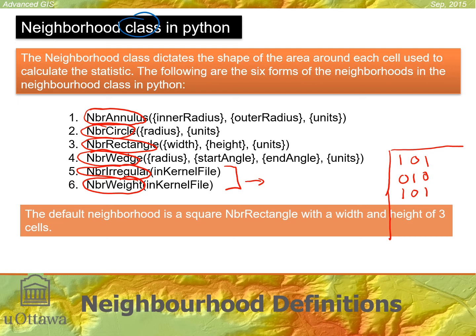There are certain combinations of these things that have well-known properties, like edge detectors and stuff like that. So if you need to do a certain type of convolution to your image or raster, you can specify a custom neighborhood like that using a kernel file, which is just a text file.